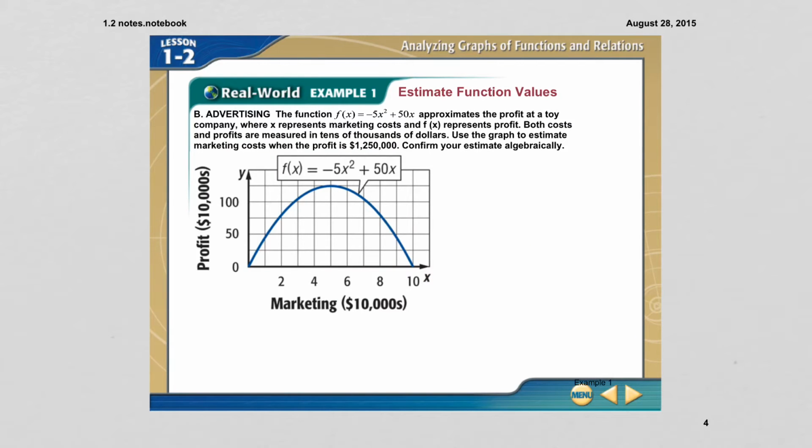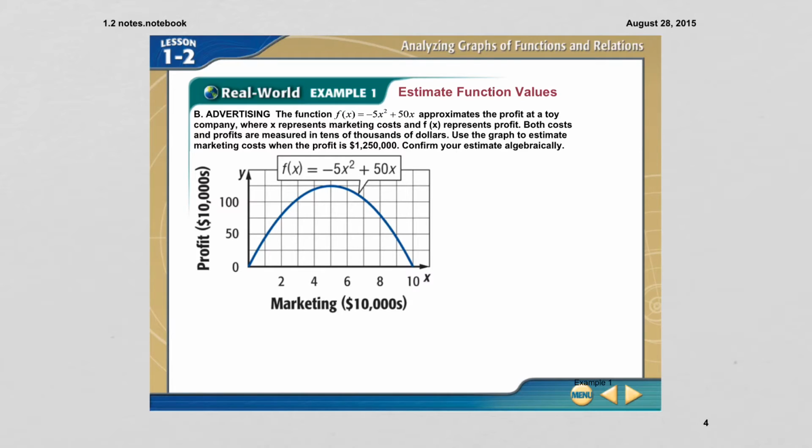Now in this example, we're looking at the same data, but this time we're going to find out if I want to have $1,250,000 in profit, how much are my marketing costs going to be? Well, instead of plugging in for x this time, f of x is 1,250,000. We change that into tens of thousands because that's what we're measuring by, and that's 125.